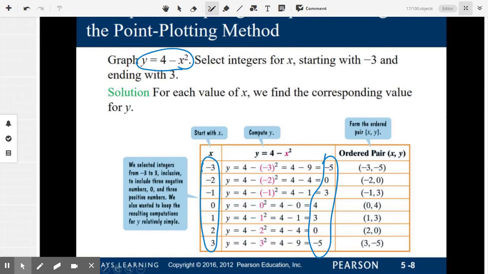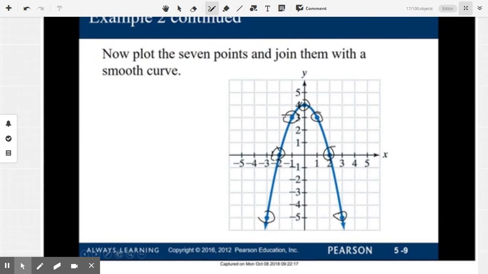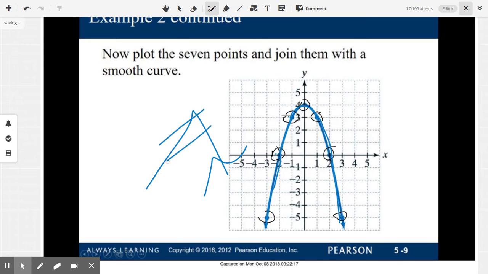So what I would then do is go to the graph, which should be on my next slide, right there, and notice they have graphed the 7 points. Once you graph the 7 points, basically you play connect the dots. And you don't want to make any jagged turns. I'm not going to go up and make any jagged turns like that, unless it's something different.